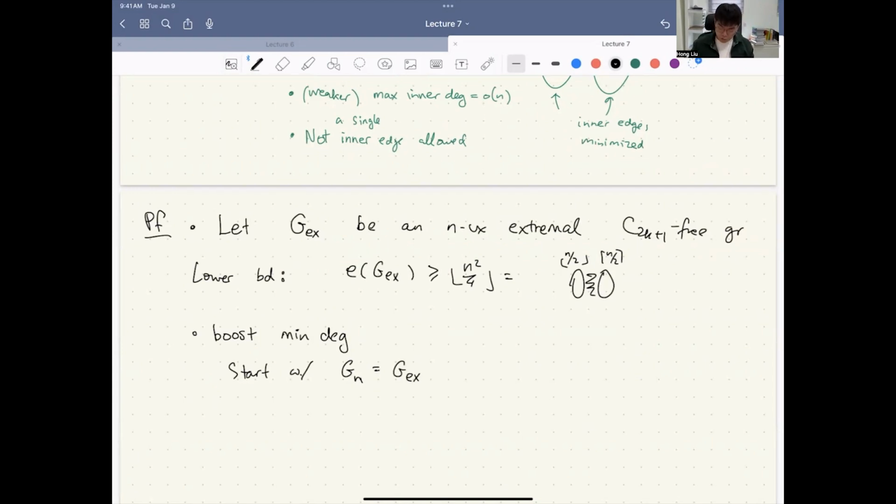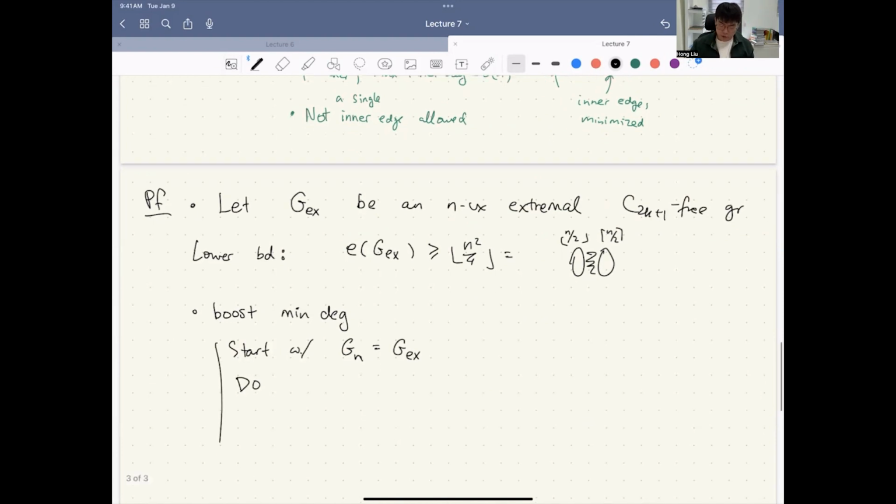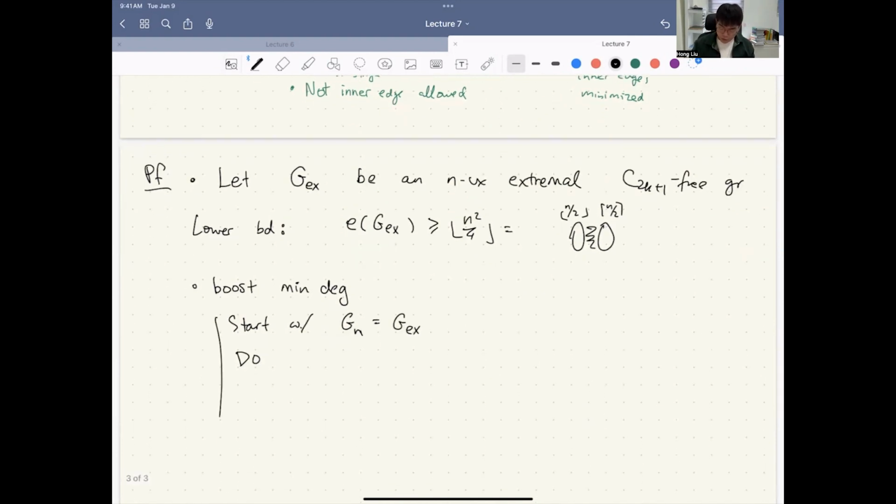And we do the following, this is the algorithm. Let me just write it informally for now.